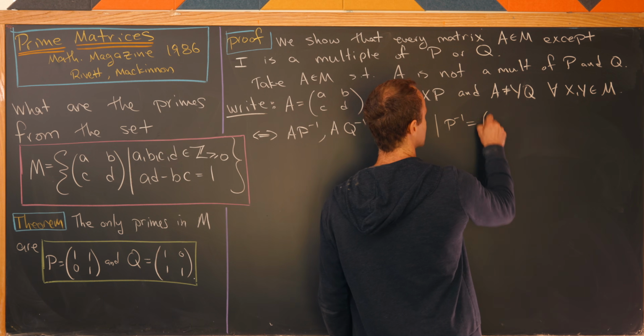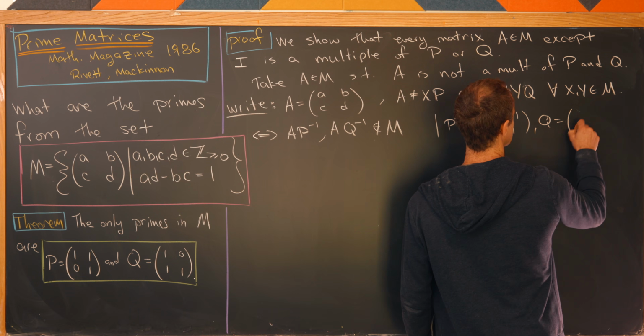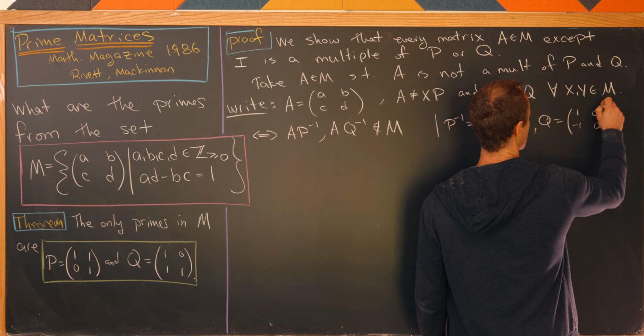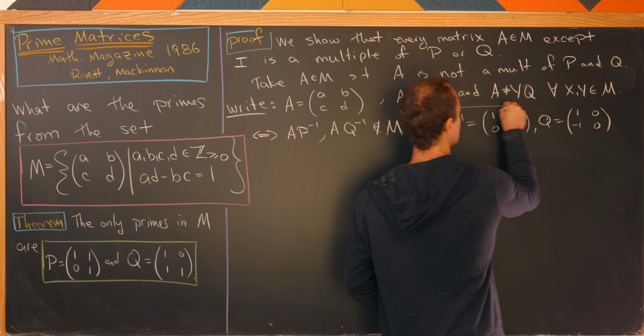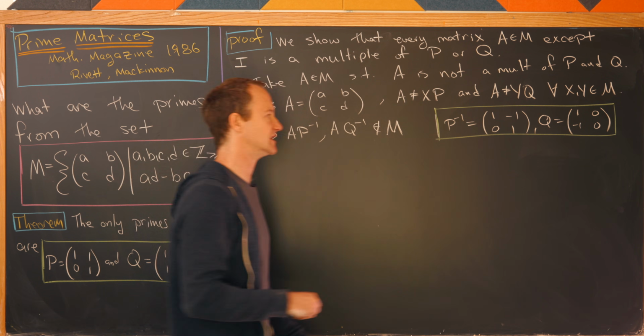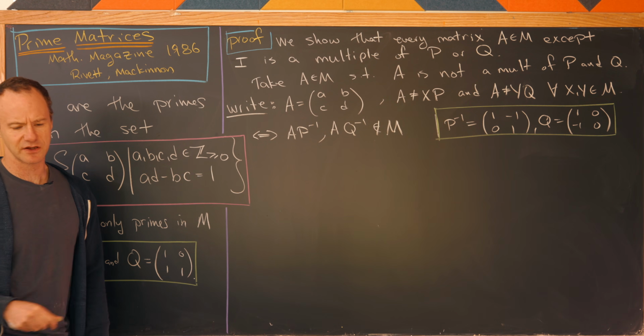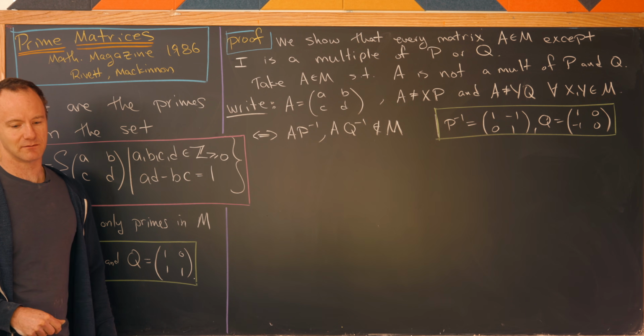Notice that P inverse is equal to 1, minus 1, 0, 1, whereas Q inverse is equal to 1, 0, minus 1, 0. In fact, these matrices P and Q have the interesting property that they encode addition into matrix multiplication. I'll let you think about that, but I give that exercise in my abstract algebra class quite commonly.